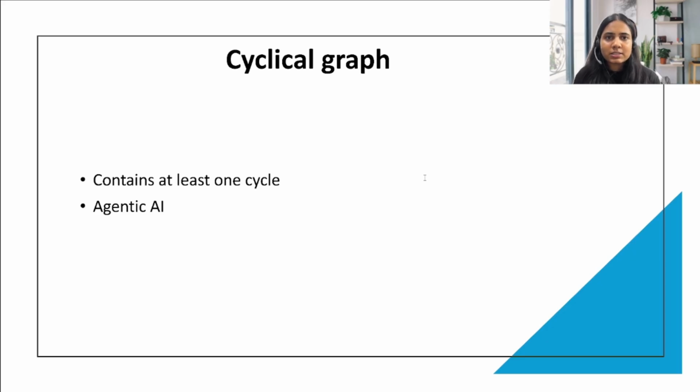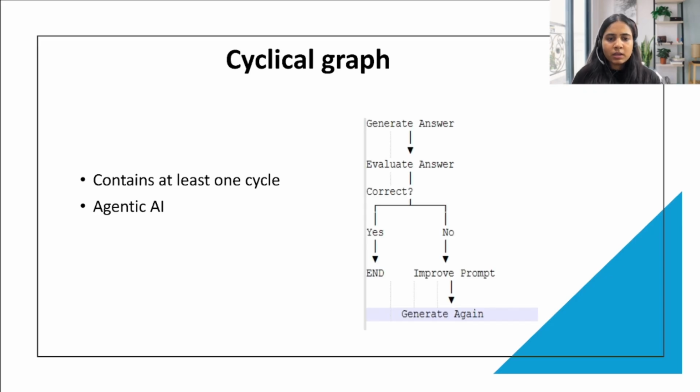So there is a cycle for writing the code. It will test it, write the code again, and go back and do testing and writing the code again. That is the cyclic behavior we need over here. If we want to generate some answers, it will go and evaluate that answer. If that answer is correct, it will say yes, then it will end.